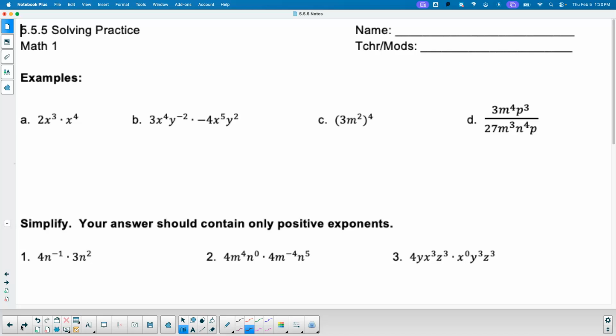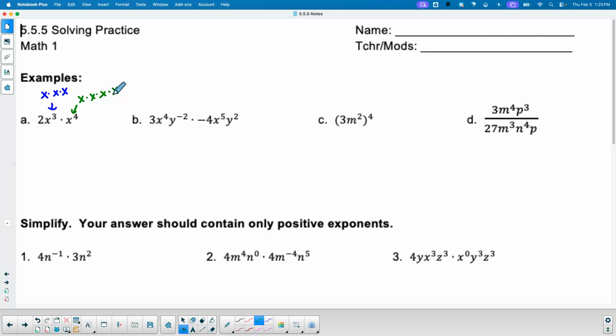Exponents are really just counting. Okay? You're just counting. So this is telling me that I have 3 x's. This one here is telling me that I have 4 x's. So together, how many x's do I have? 7 x's.